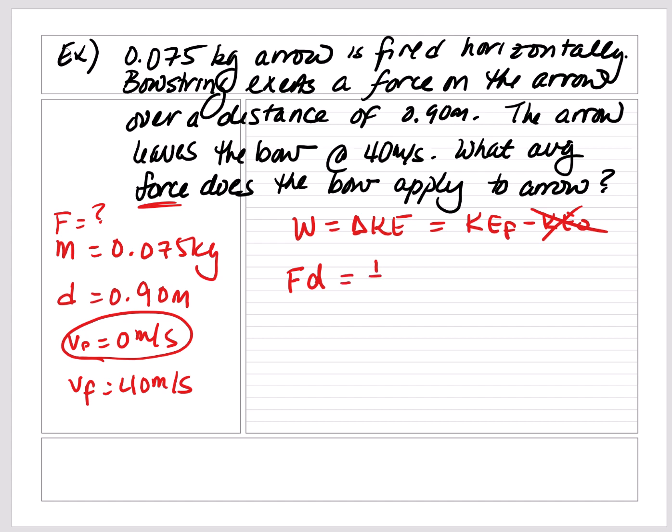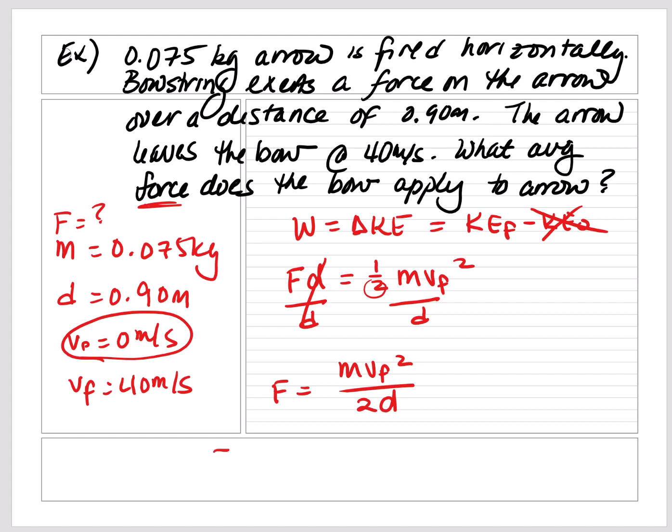Kinetic energy final is just 1/2 mass times velocity final squared. I need to solve for F. Since F and d are multiplied, I'm going to divide both sides by d. So F is equal to m v final squared over, I'm going to bring this 2 down, so it's 2d.